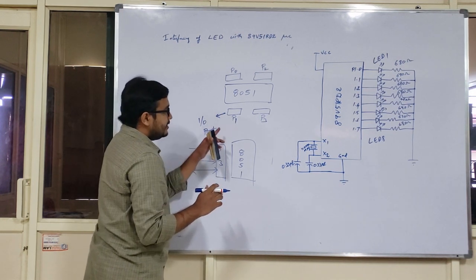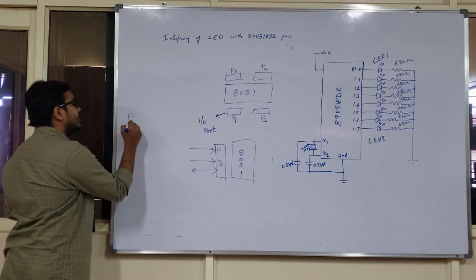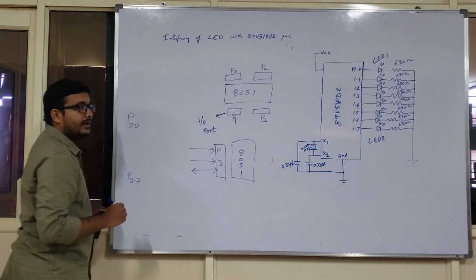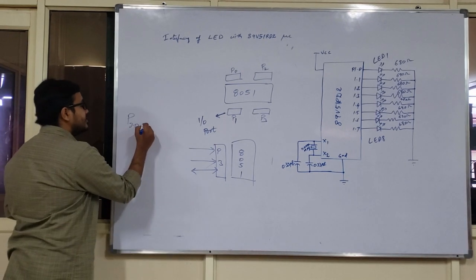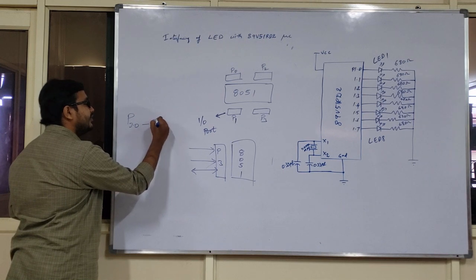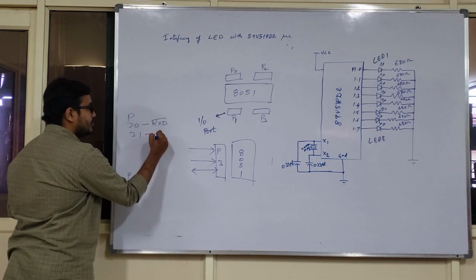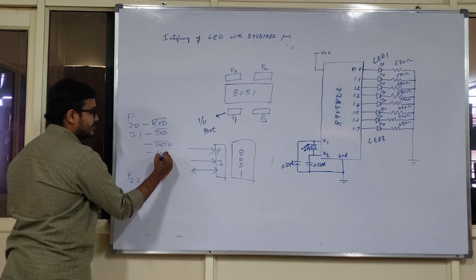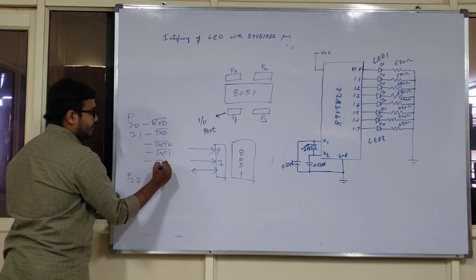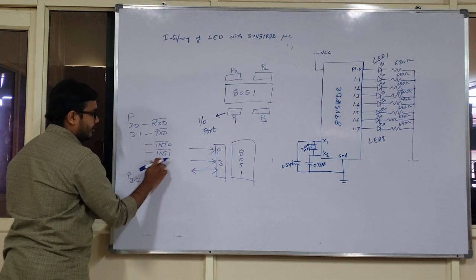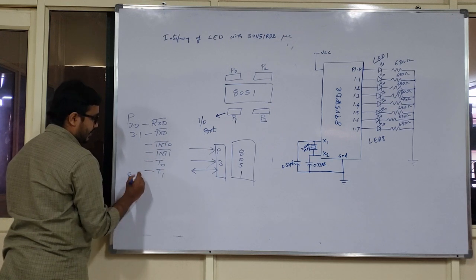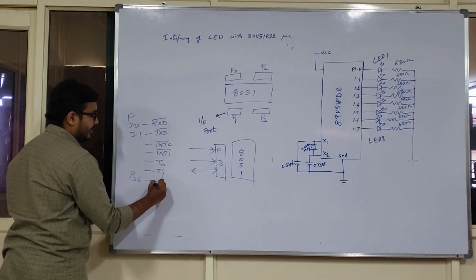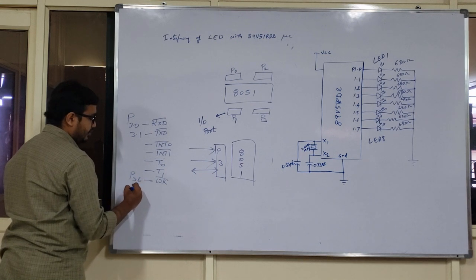That means each and every pin of your port 3, that is P3.0 to P3.7, plays a significant role. P3.0 is used for receiving, P3.1 is used for transmitting, this is for interrupt 0 and this is used for interrupt 1, next timer 0, next timer 1, and P3.6 is for writing and P3.7 is for reading.